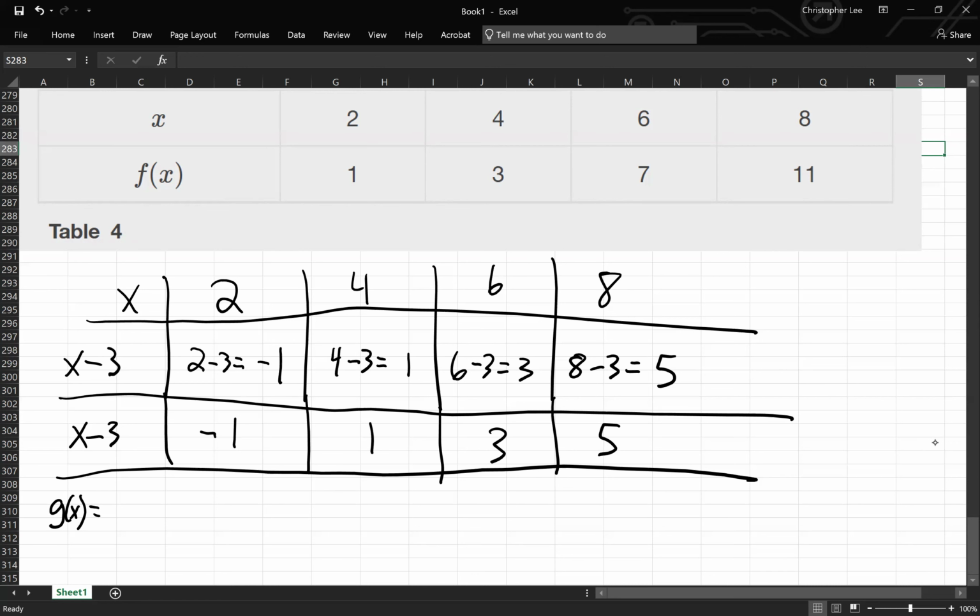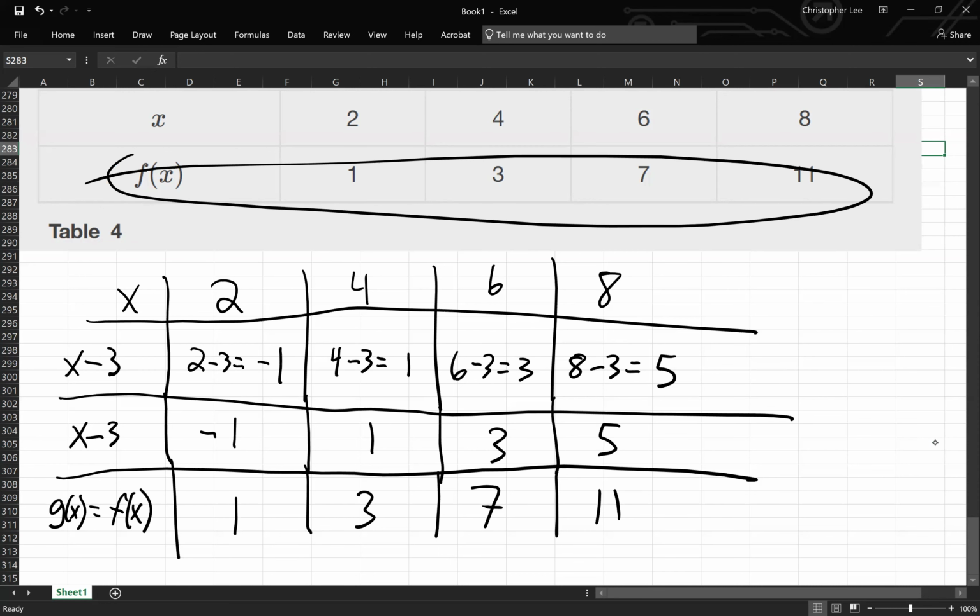In other words, the y values didn't change, just the x values changed. The y values I had before were 1, 3, 7, and 11. I copied them from right here, if you're wondering where I got those numbers.